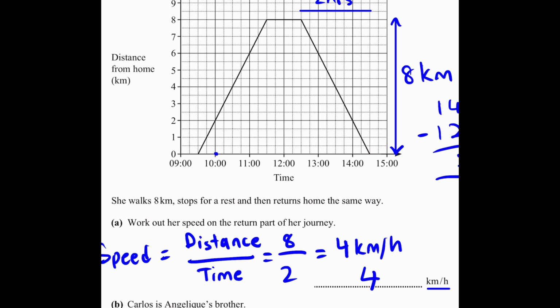So here's the 9 kilometer mark. 90 minutes after 10 o'clock, or 1.5 hours after 10 o'clock, is equal to 10 o'clock plus 1 hour and 30 minutes, which is 11:30. This is where he ends it. So the 11:30 mark is here. So we just draw a line from 10 o'clock to 11:30, going all the way to 9 kilometers. Alright, you've done that.